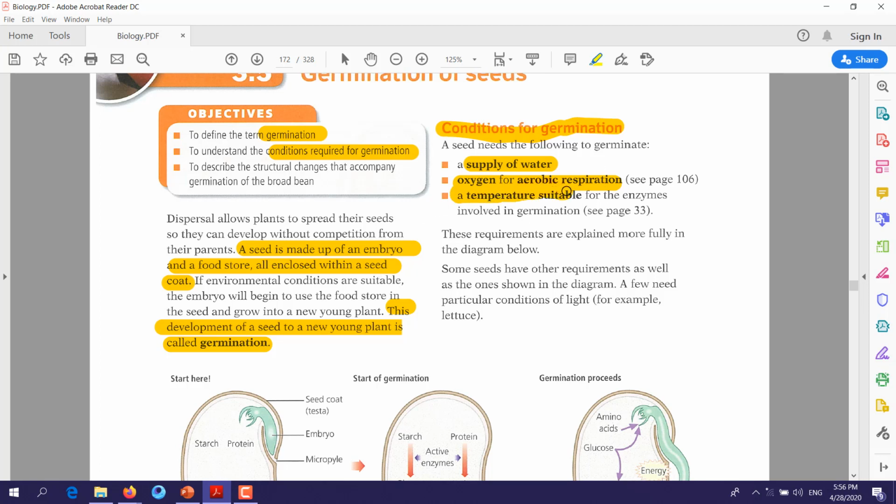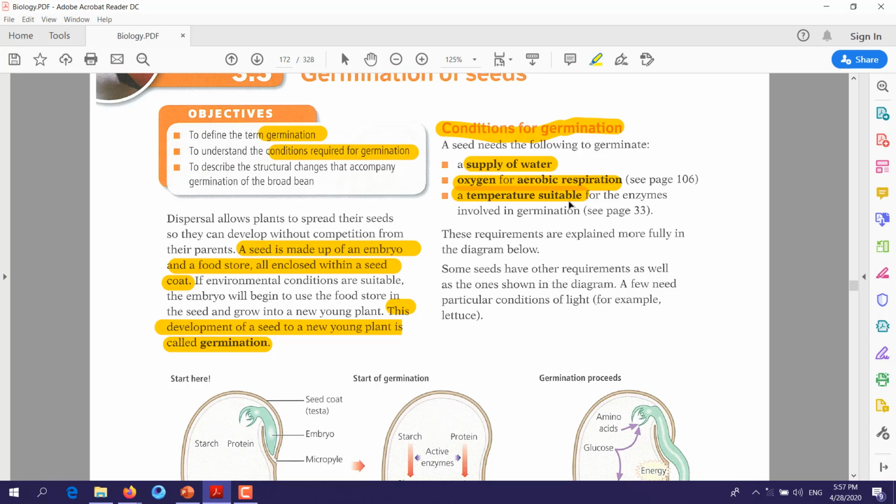Then a suitable temperature. What does that mean? The seed has food in it, and to give out energy from this food, the process of respiration needs some enzymes.